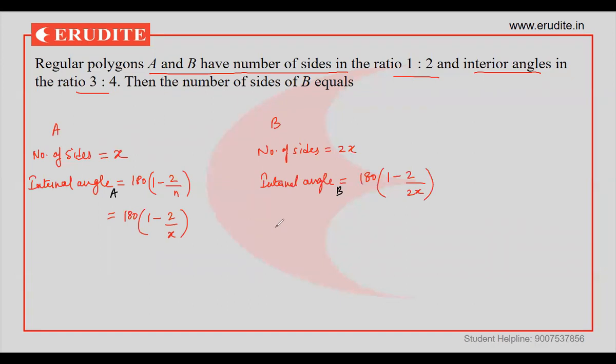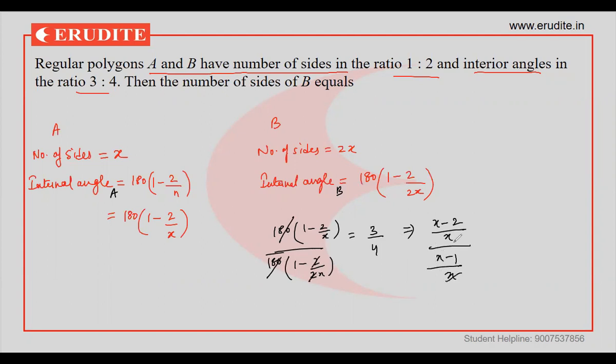So I can say that 180 into 1 minus 2 by x, upon 180 into 1 minus 2 upon 2x, equals 3/4. 180 and 180 cancel. This will be x minus 2 upon x, this 2 and 2 cancel, and this is x minus 1 upon x, equal to 3/4.